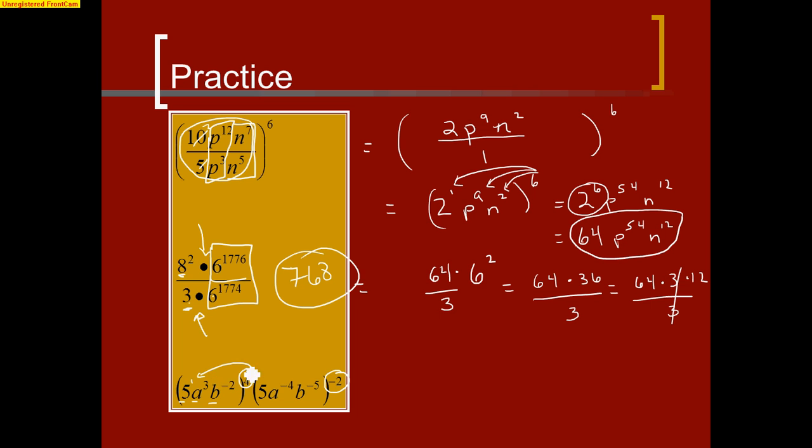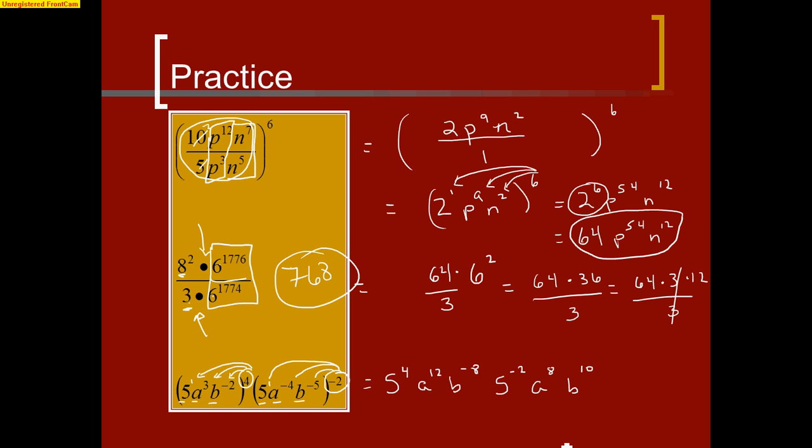Distribute, distribute, distribute. 5 to the 4 times 1, a to the 3 times 4, b to the negative 2 times 4. 5 to the negative 2 times 1, a to the negative 4 times negative 2, b to the negative 5 times negative 2.